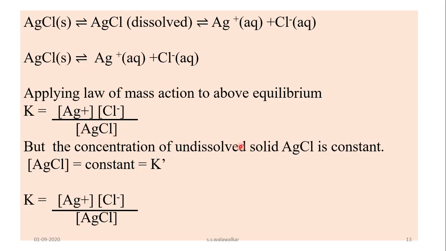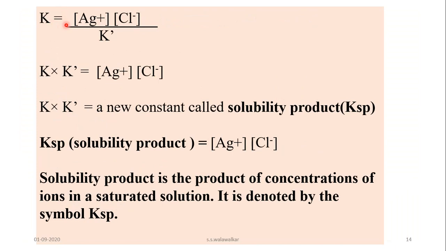But this AgCl is in a solid form, so the concentration of undissolved solid AgCl is constant, and that constant is denoted by K dash. Therefore this equation becomes: K is equal to the molar concentration of Ag ion into the molar concentration of Cl ion divided by K dash. Therefore K into K dash, which is a new constant, is equal to the molar concentration of Ag ion into the molar concentration of Cl ion, and this new constant is called the solubility product, denoted by Ksp.